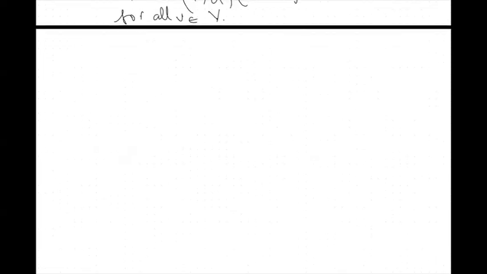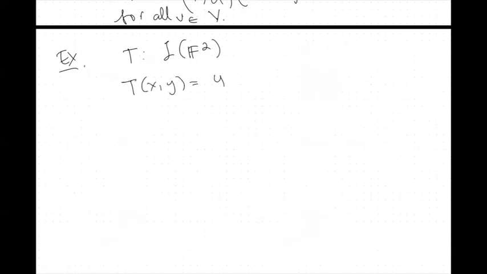All right, so let's consider the following example. Define T as a linear operator on F^2, where T of (x, y) is just (y, 0). And then consider a subspace U consisting of (x, 0), where x is in the scalar field.